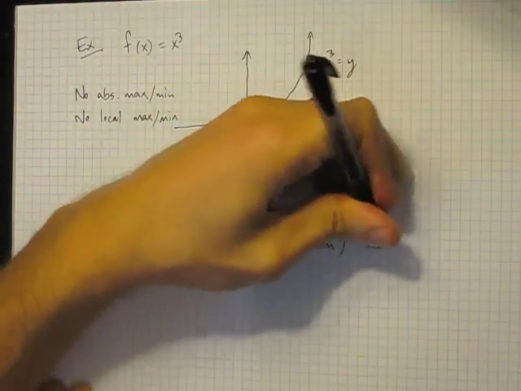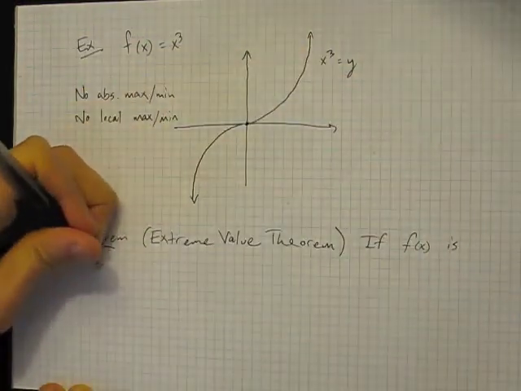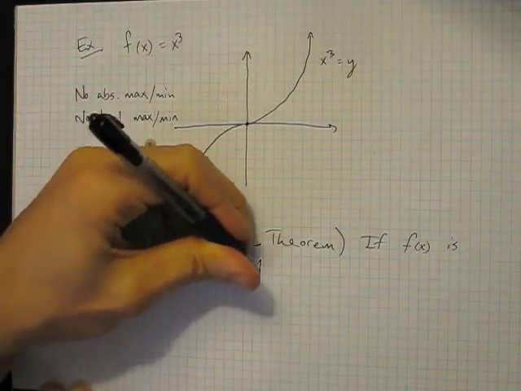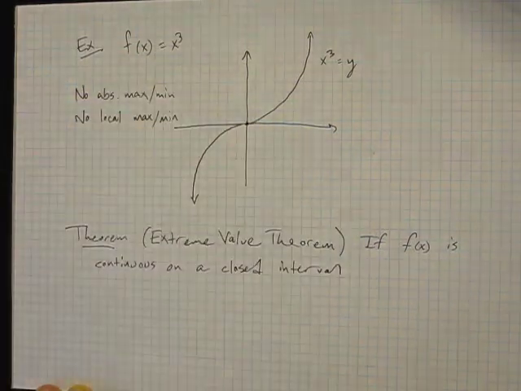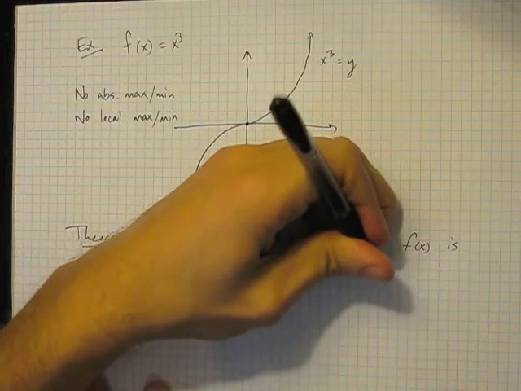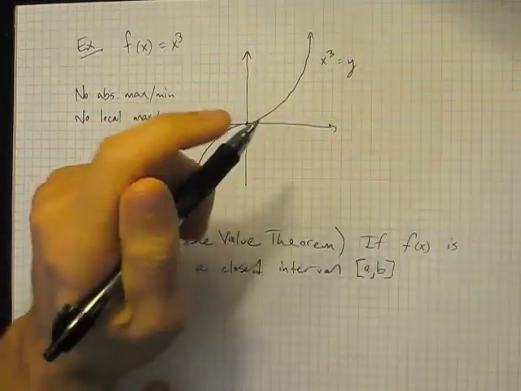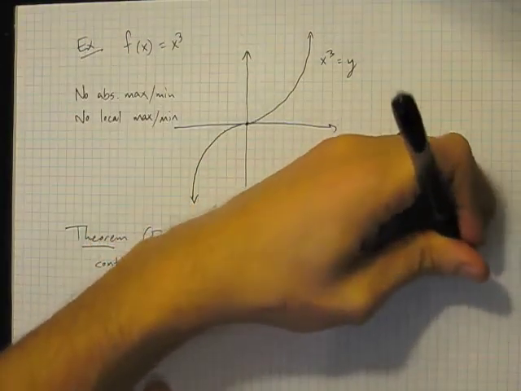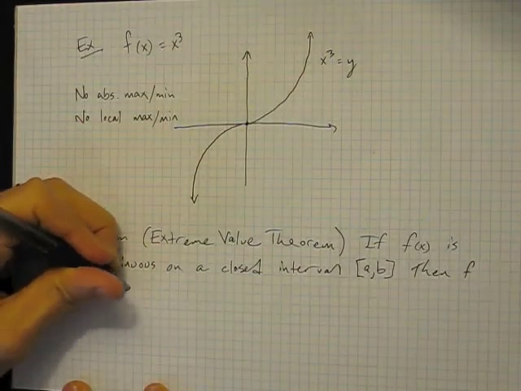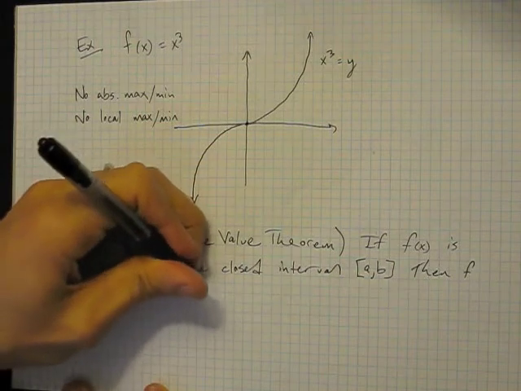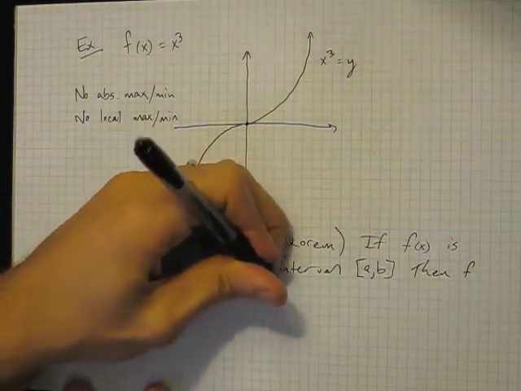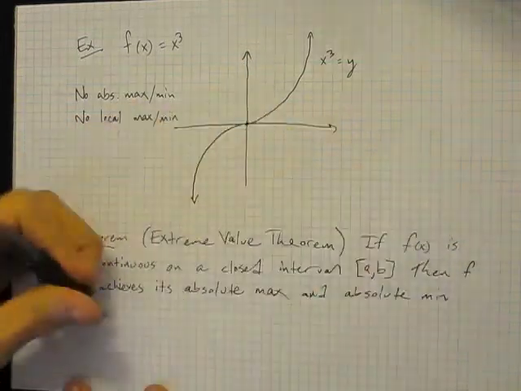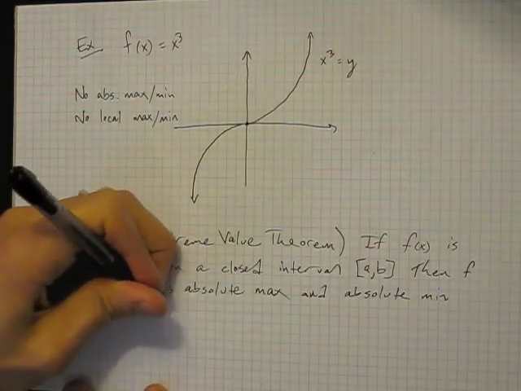It says that if f of x is continuous on a closed interval, then f achieves its absolute max and absolute min on the interval.